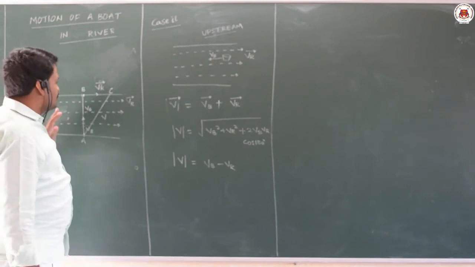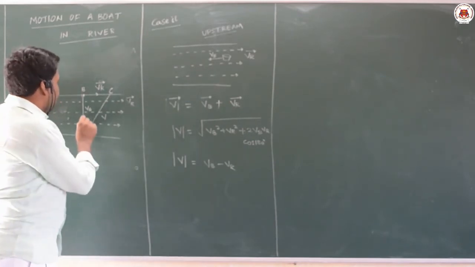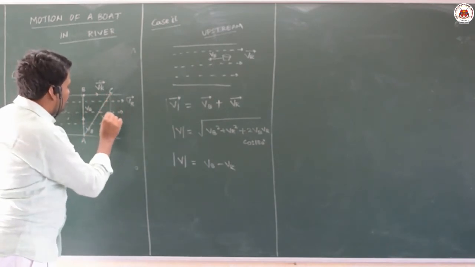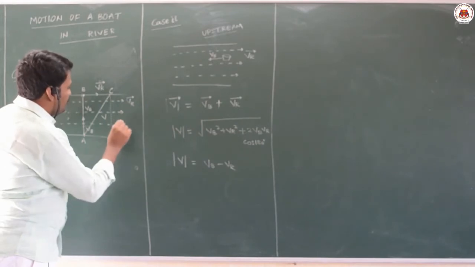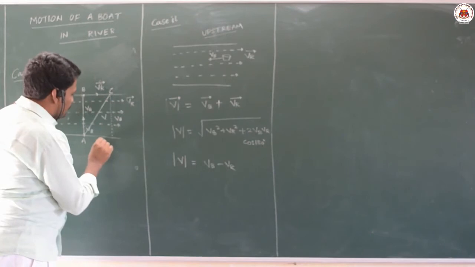Understood here? This is also an example for addition. Now, I can draw one more line here, which is nothing but Vb, and here which is nothing but Vr.